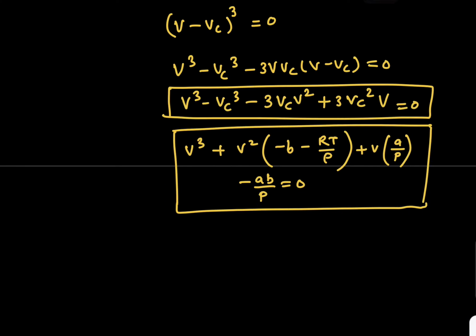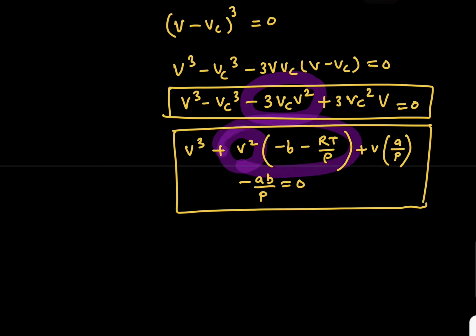So can we say this term is V cubed in both places? All right. Now what about V squared? The V squared term is here and this is the V squared term. Let's write it sideways: minus b minus RT upon P equals minus 3Vc. I hope you agree with this.